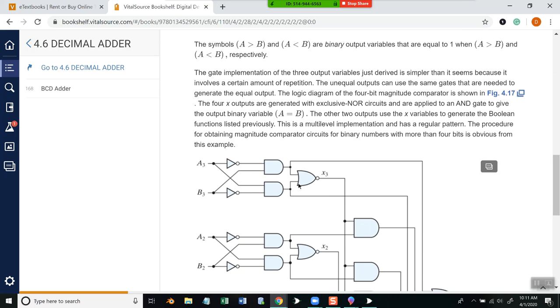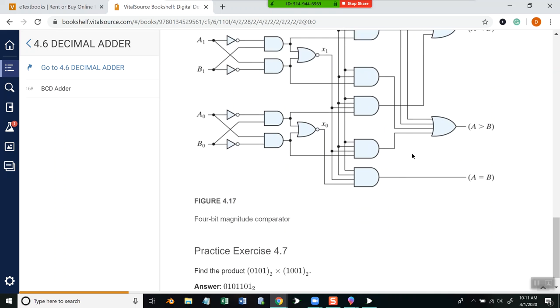So I don't understand the benefit of using our exclusive NOR circuit. But anyway, that's how you do the comparison.